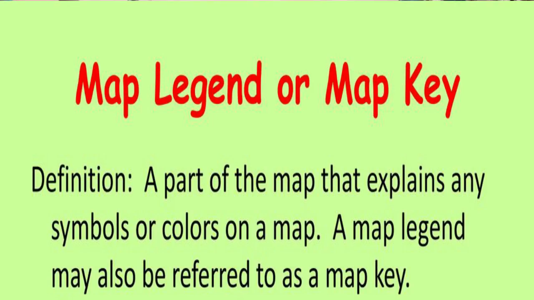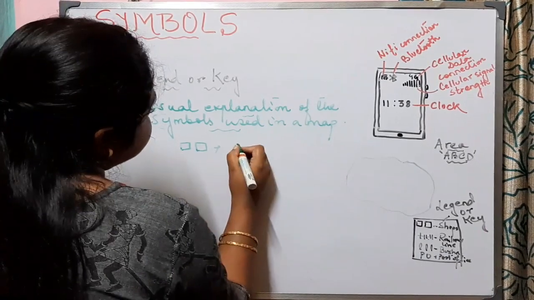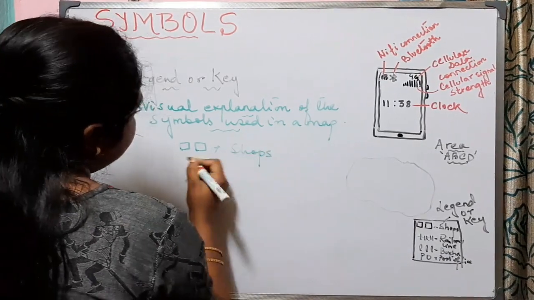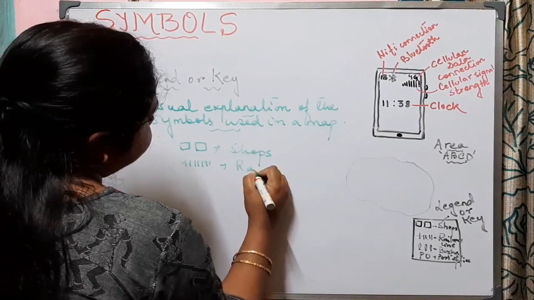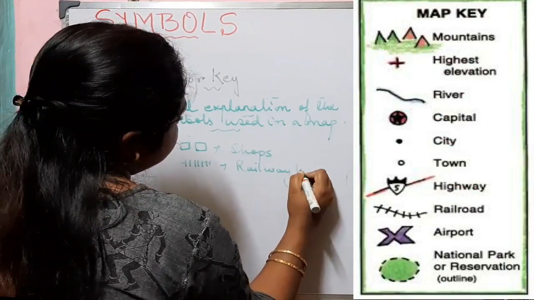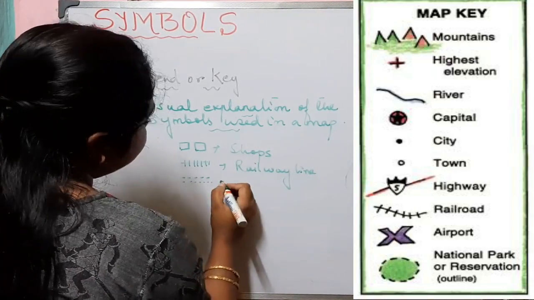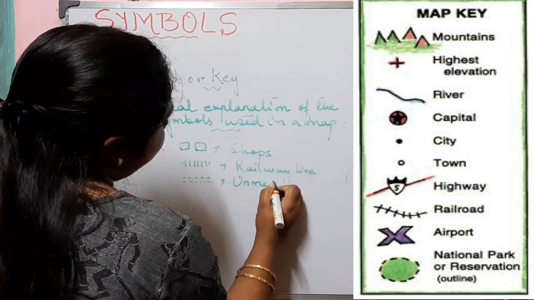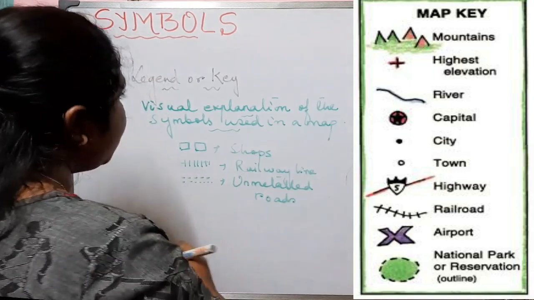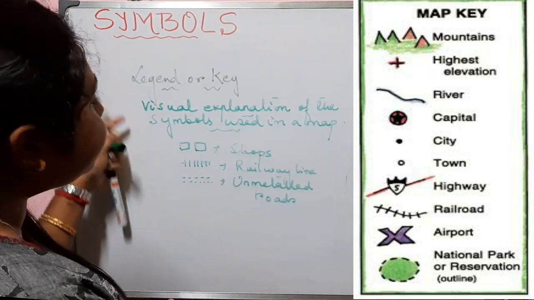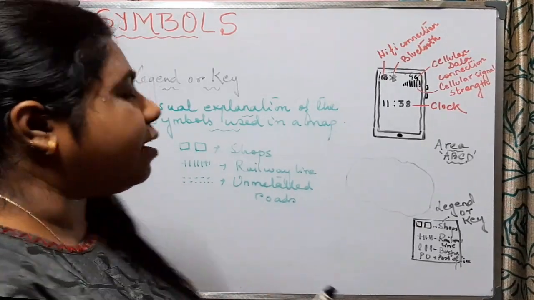That means which symbol stands for what. Suppose this stands for shops. We have a symbol like this which stands for railway line. We have these symbols which show us unmetalled roads. So the key or legend gives us a visual explanation of the symbols which are used in a map.